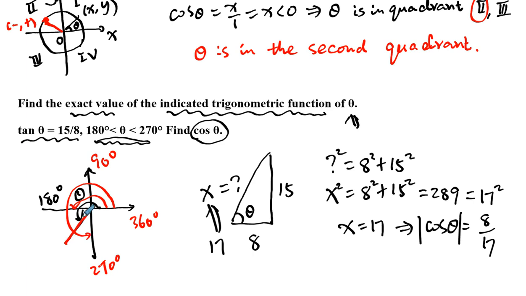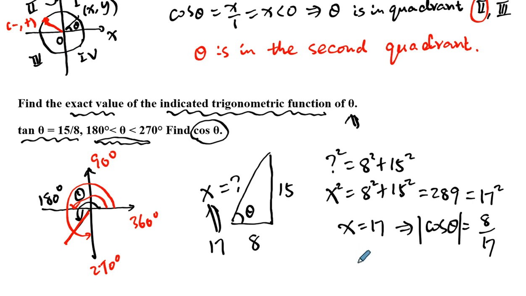Between 180 and 270, cosine theta in the third quadrant is negative, because the x value is on the left-hand side of the y-axis.